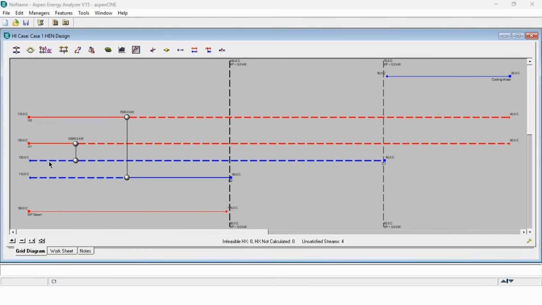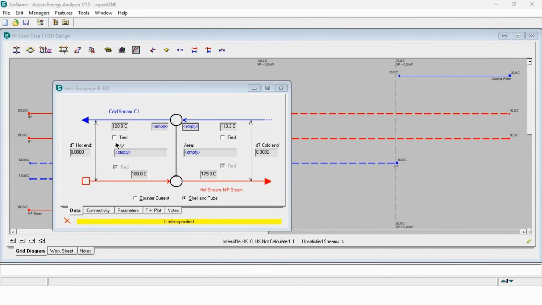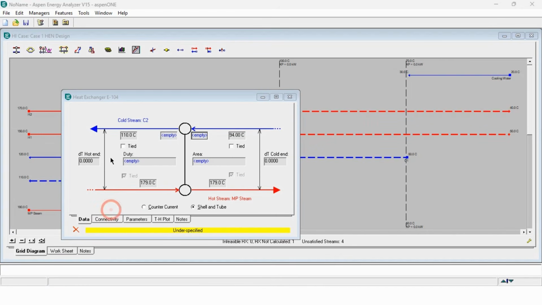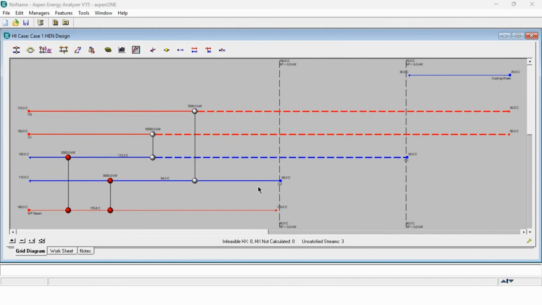Now for the remaining load, it will exchange with the MP stream. So this is connected with this one, and similarly for this one. Again, you can see this stream is now fully specified and eliminated from the system. So this is how we have solved the above pinch system.